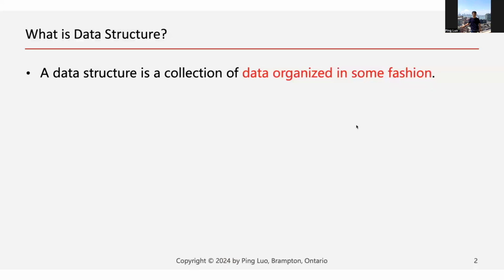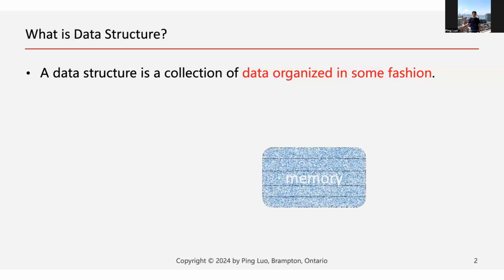A data structure, the terminology seems fancy, but actually it's just a way we organize the data. We know our computer memory, no matter how we save it, is just a bunch of cells with locations, each byte with a location, and we just need to save everything in a specific way and put it into the memory.